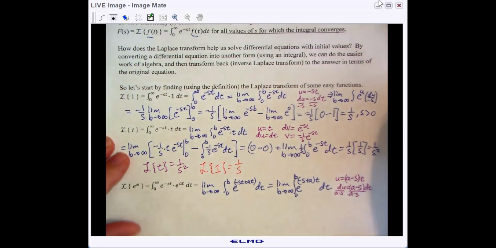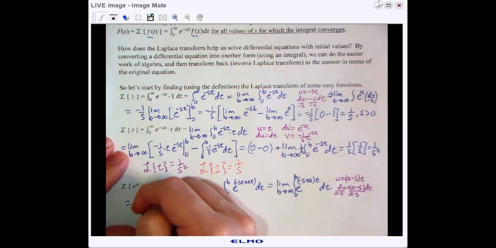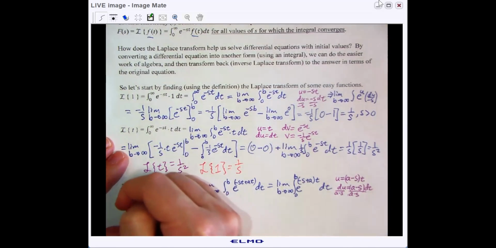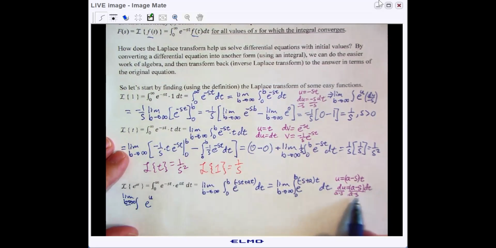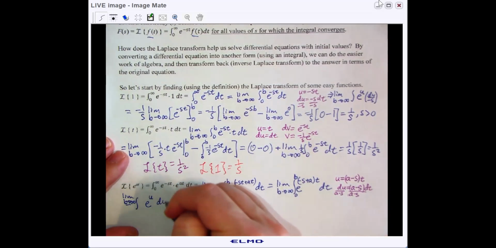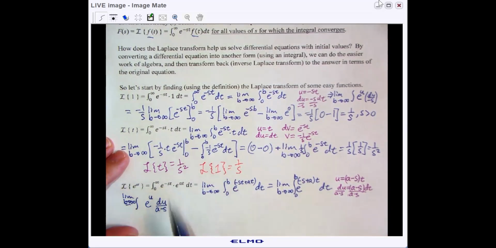Okay, so we're going to get the integral, and we still need to do a limit as b approaches infinity. But I'm going to do an indefinite integral first of e to the u, and then in place of dt, I'm going to put in du over a minus s, where a is a constant and s is going to be a constant.